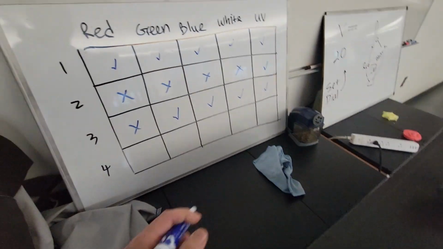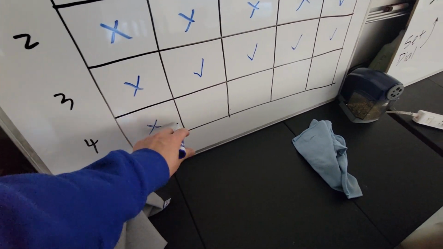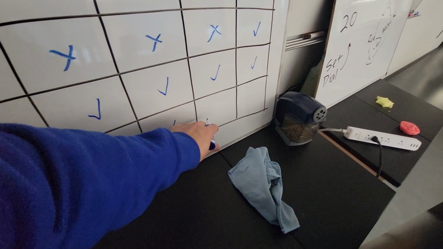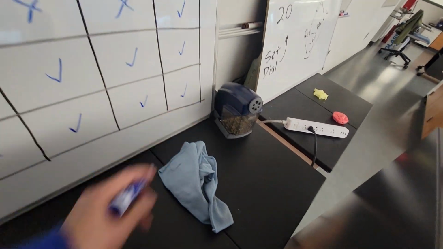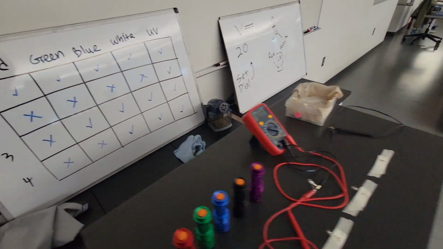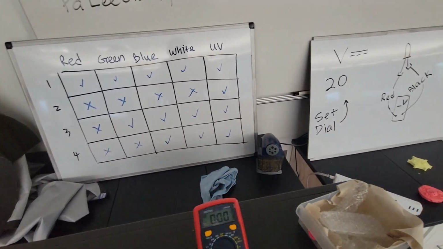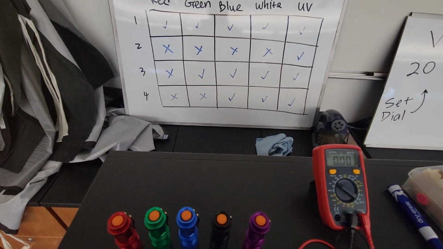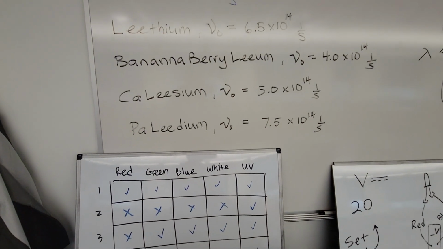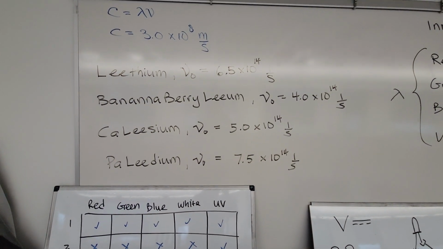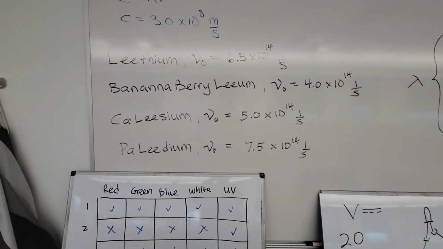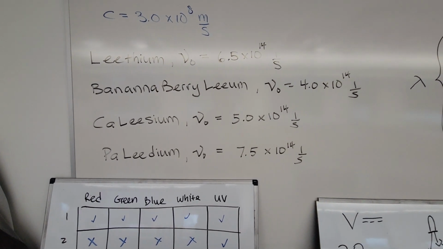So capsule number 4, whatever metal was in there, we were able to get electrons off using the energy of the blue light, white light, and the UV light.